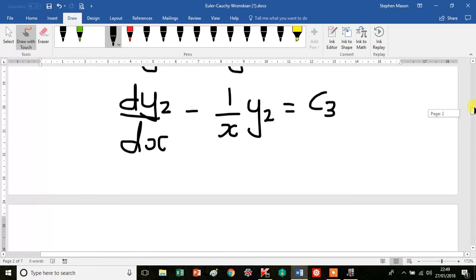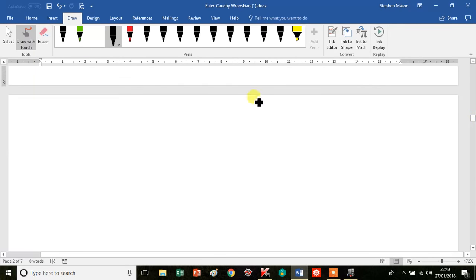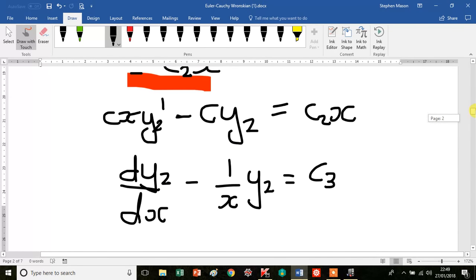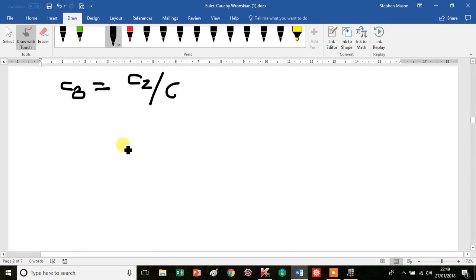Now c3 is, we'll just write it over here, c3 equals c2 over c. So I've just simplified that a bit. So we've got a nice ordinary differential equation.